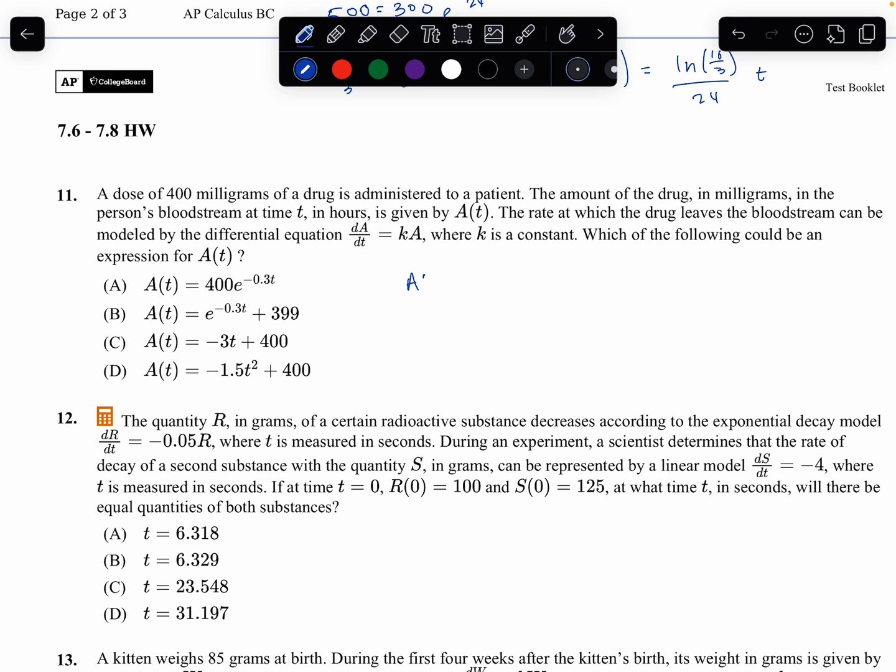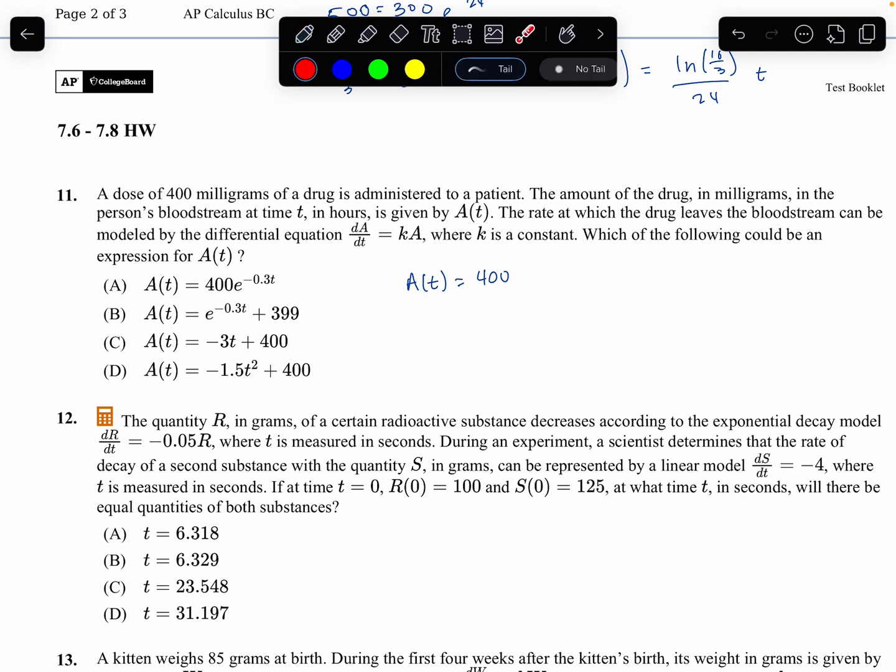So A of t would have to be equal to, notice here, that they do give us some information. They say that a dose of 400 is what's administered at the time. So I know that the initial condition is going to be 400.